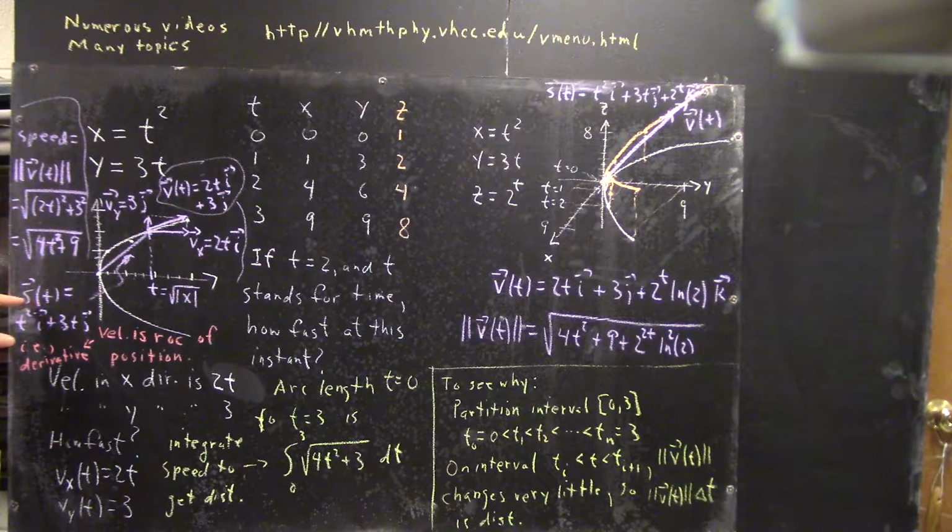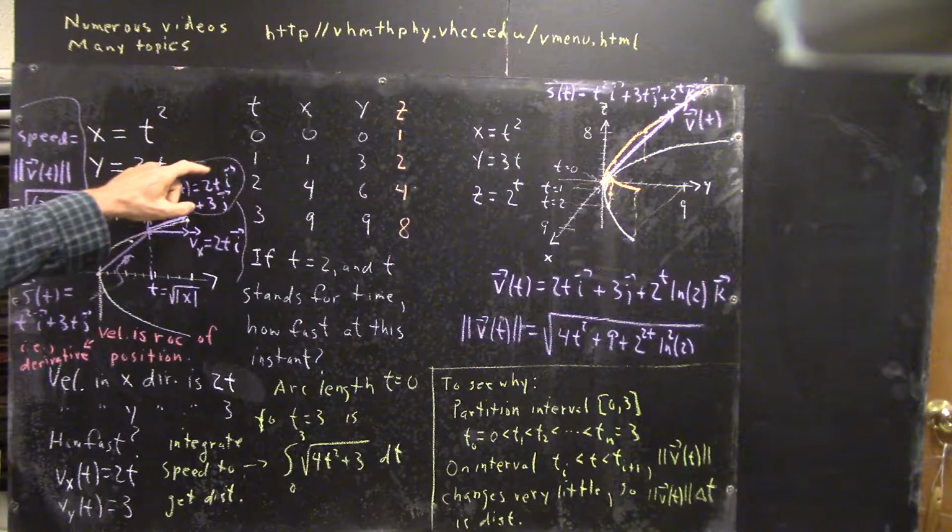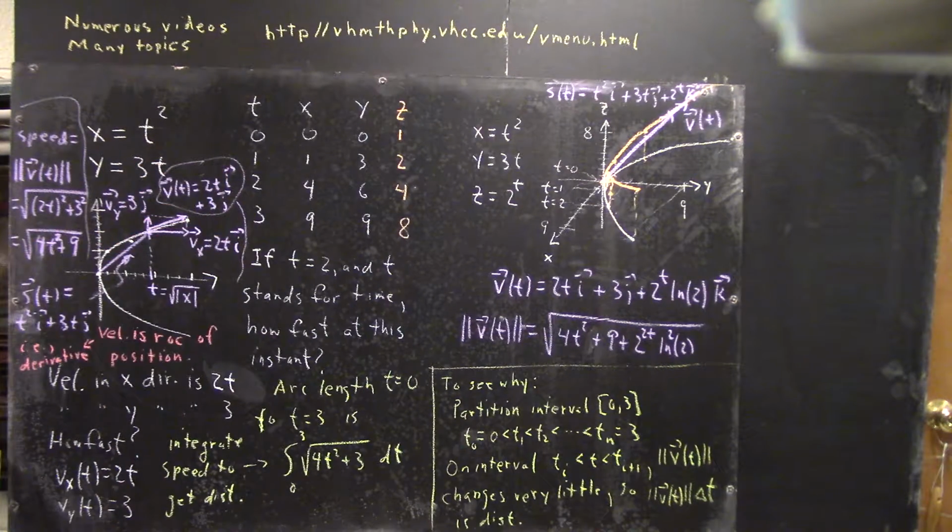And that vector is s of t, in this case t squared i plus 3t j. Now it's pretty clear that if I take the derivative of this expression with respect to t, the t squared is going to give us a 2t, the 3t is going to give us just a 3, so that the derivative of this position function is just our velocity function, 2ti plus 3j.